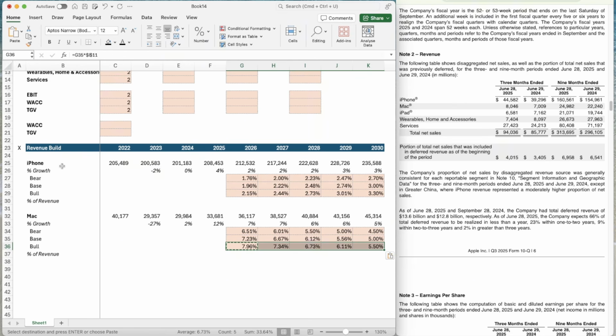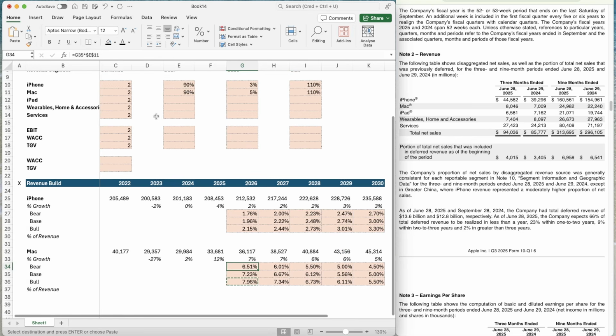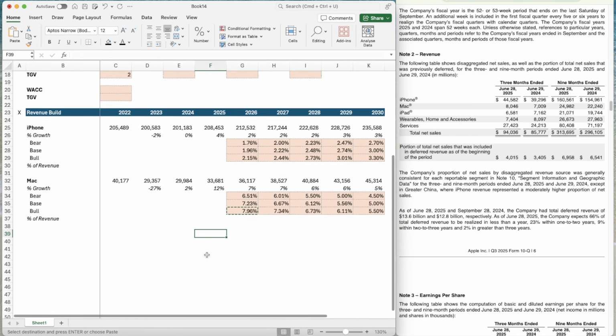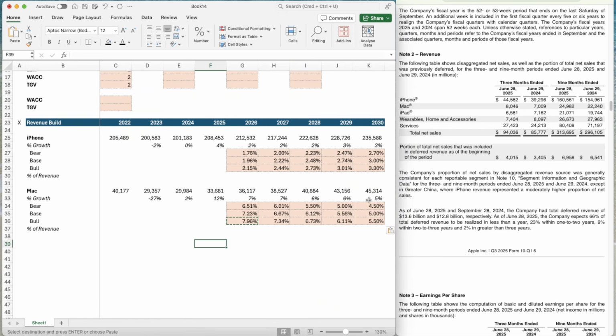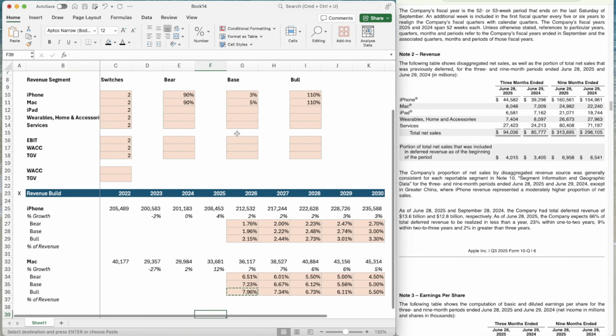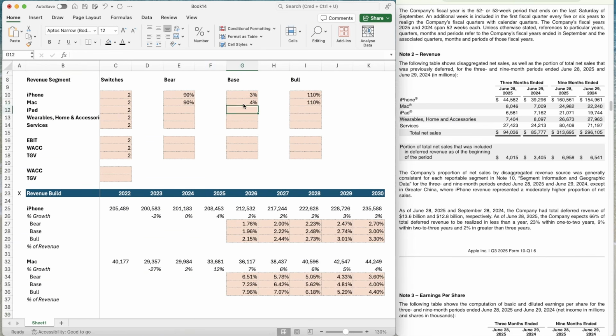So when you flick the iPhone switch, it will also flick here if you haven't copied it over to 11, so E11 rather than E10 for Mac. Yeah, okay, that looks good. Do we think 5% is a bit high? 45 billion. That's 12 billion more than now in 5 years. Okay, let's go 4.